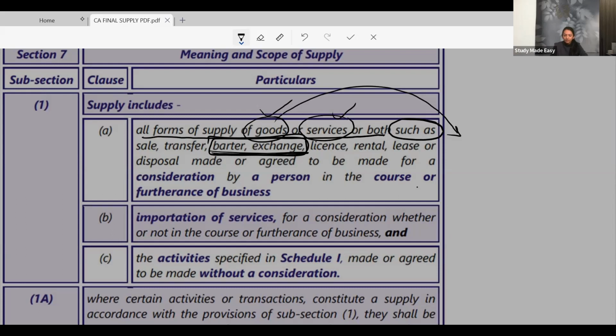Done? See, only in the chapter of supply you have to write much of the stuff because this is the rule. Then writing practice will be less and question practice will be more.